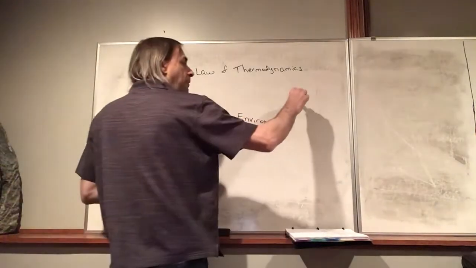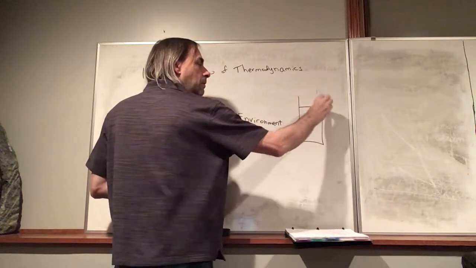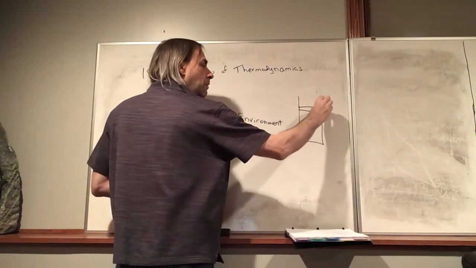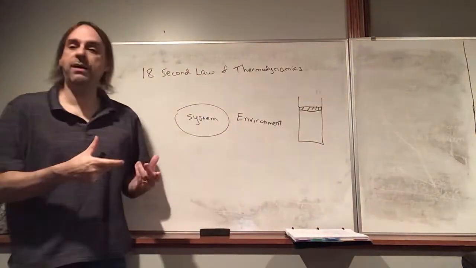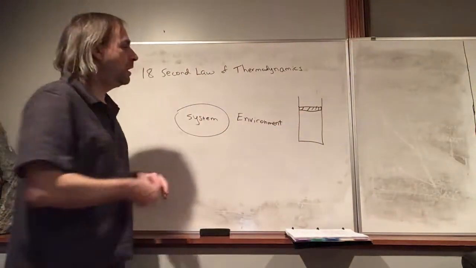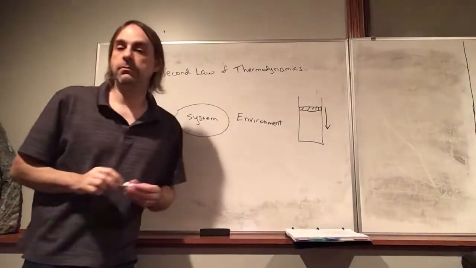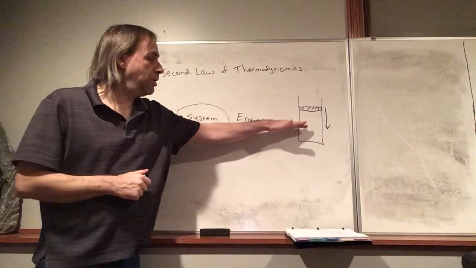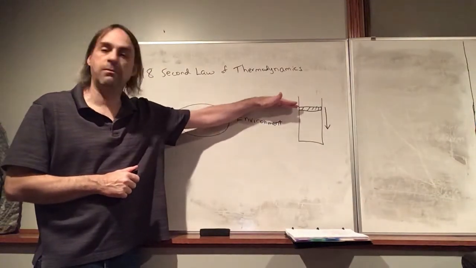An example of that, say our system is a gas in a cylinder. And let's say in the real world, say you actually have a cylinder, like in your car, and you push this piston down. You compress the gas. Now, can you reverse it back to this initial state where the piston was up here?